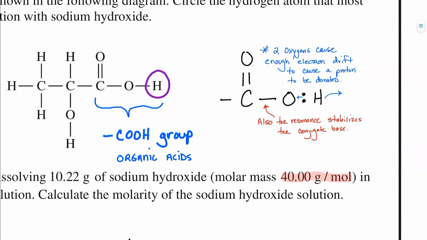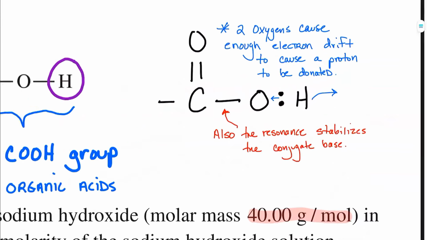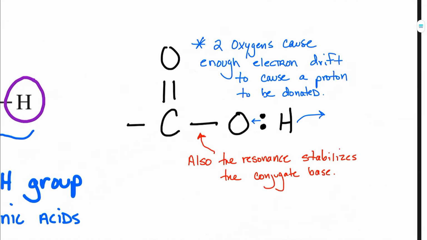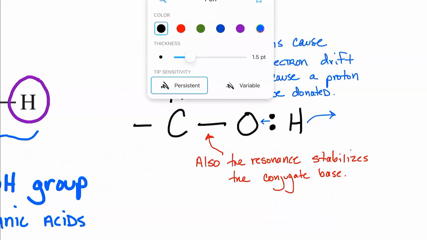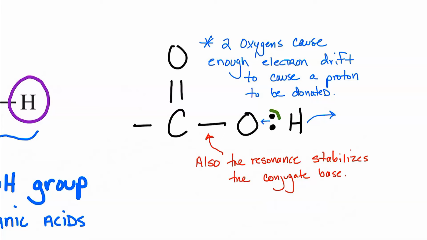As I explained to the right here, one way to explain why that H is going to be acidic, or have a Ka that is measurable, is because these two oxygens will provide enough of an electron drift to pull that pair of electrons over to the left here. As I show you right here, that pair gets pulled over by the two oxygens. Also, there's going to be a resonance structure with the conjugate base.